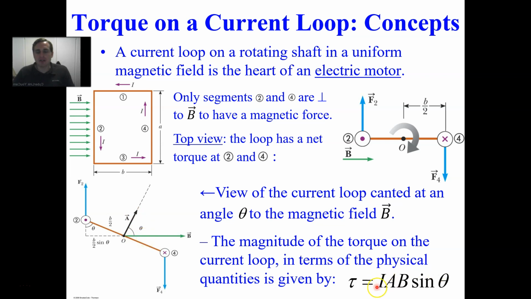I is the magnitude of the electric current, and capital A is the magnitude of the area of that loop. So when you multiply all this out, you get a torque, and that's going to be in newton meters for SI units. Remember, that's SI units. English units would be something like foot pounds, but again, we work in SI units in this class, and that's how I teach through these things.